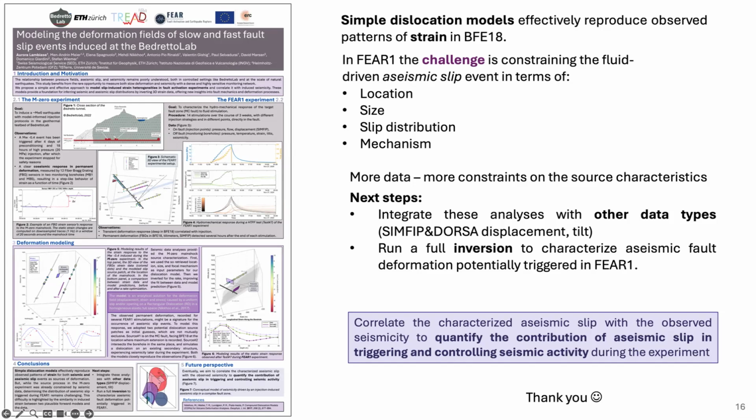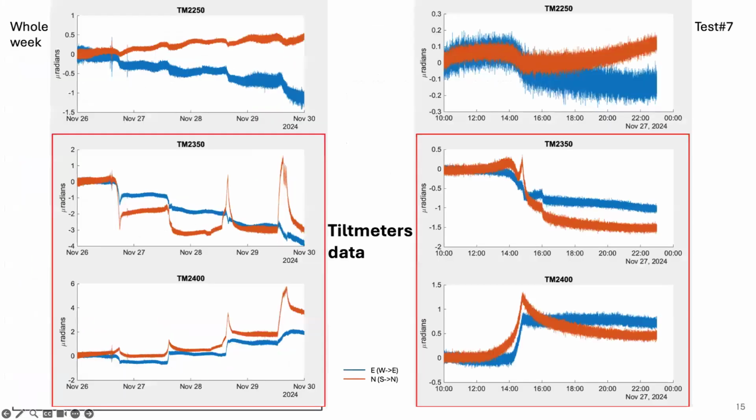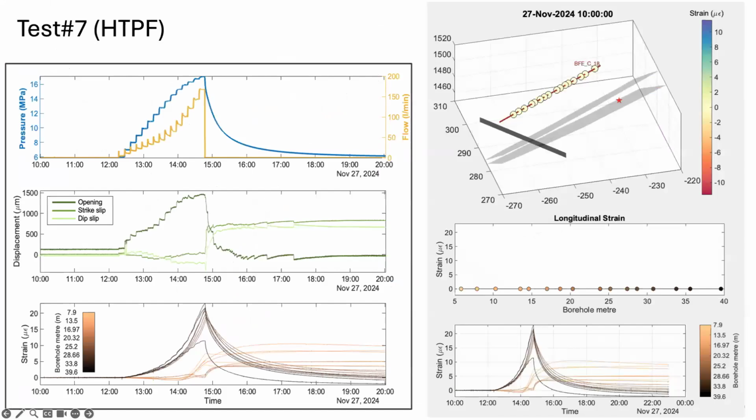I was mainly wondering about the size of the aseismic slip patch. Are you just constraining that via the models, or at this moment you don't have other data for that, it looks like? Yeah, sort of, in the sense that, for example, we know that there might be some slip at the injection point.